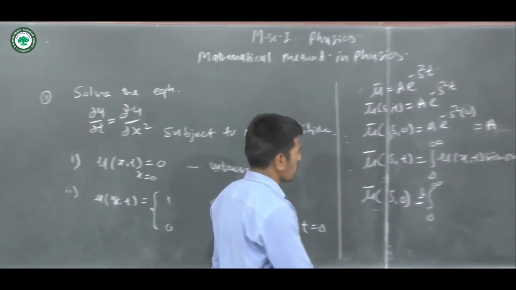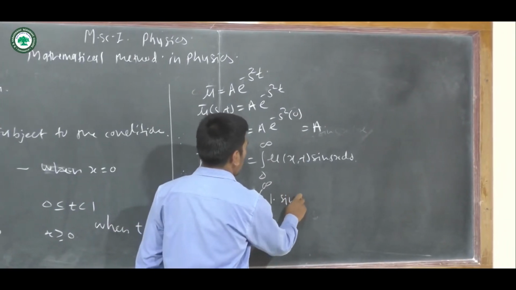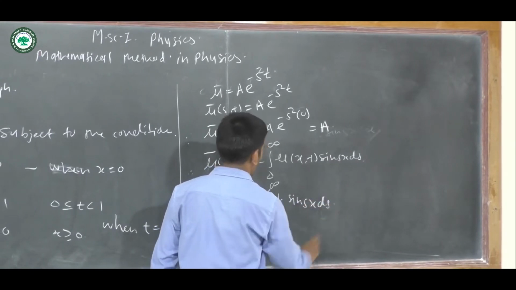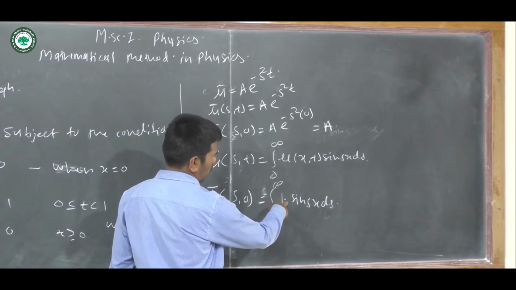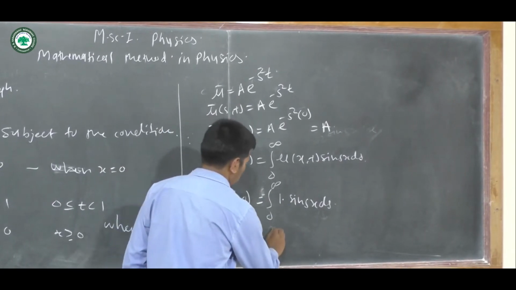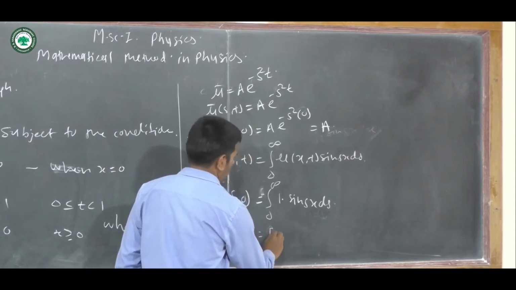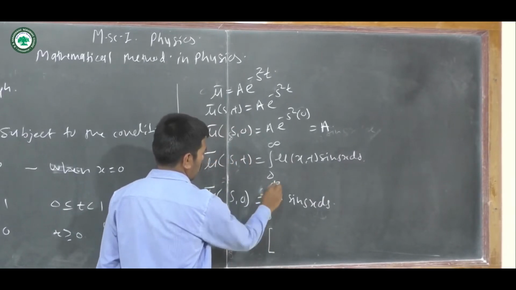Okay, so here I am going to put u equal to 1 times sine sx ds. We know the integration of sine sx with respect to s, and the limit is also changed from 0 to 1.